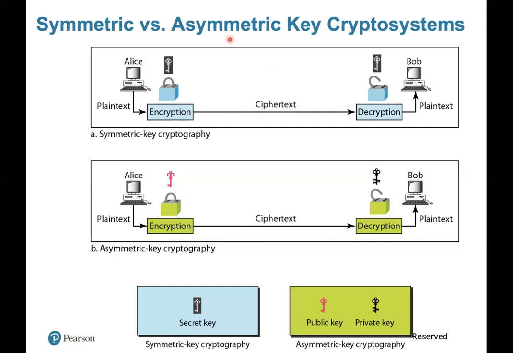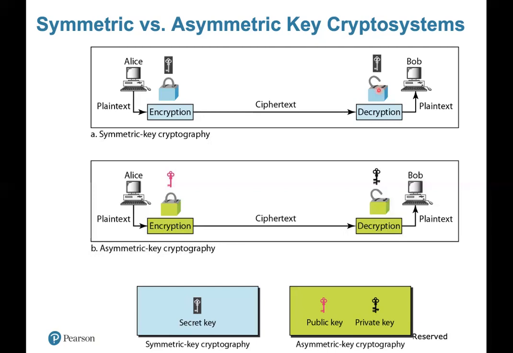In symmetric ciphers, that you see here in this top image, we have only one key. I'm of course refreshing your mind. Many of you may remember this, but I'm refreshing your memory before getting into the details of asymmetric encryption.